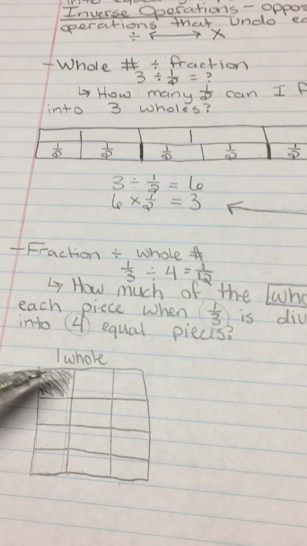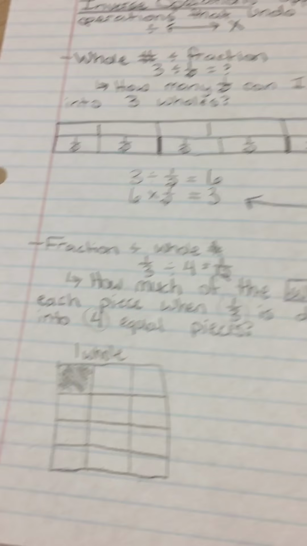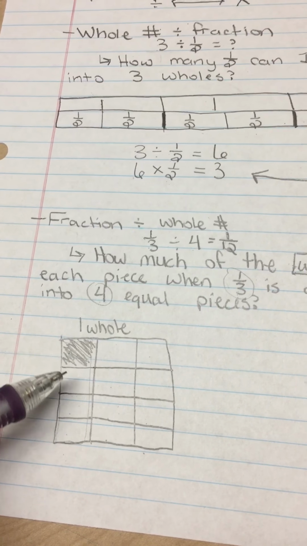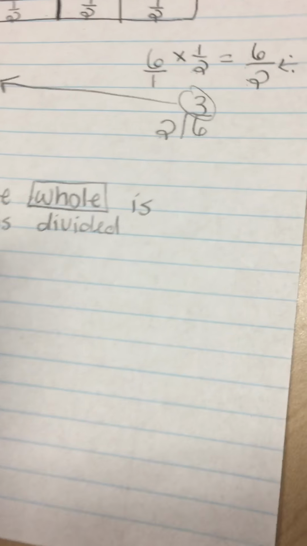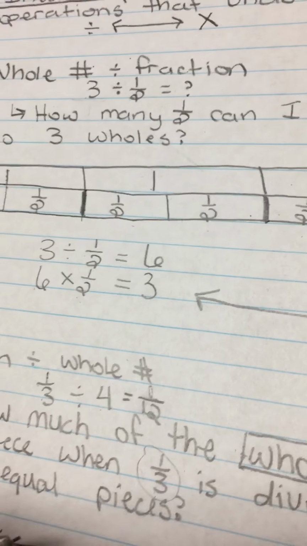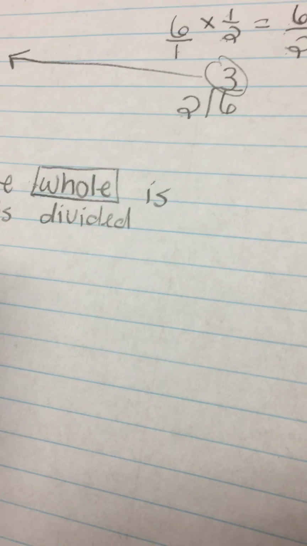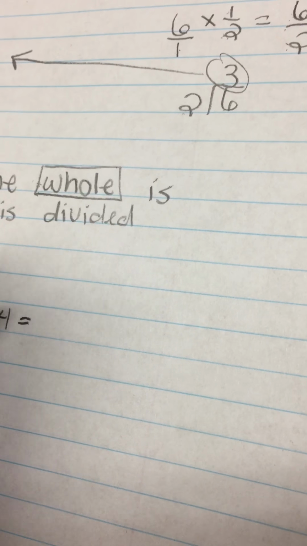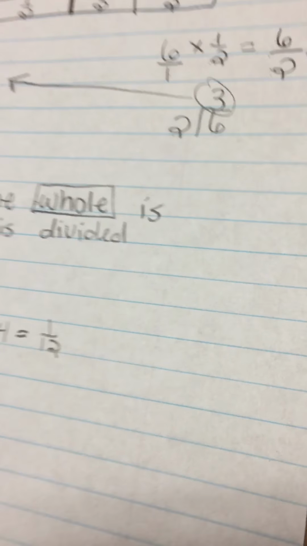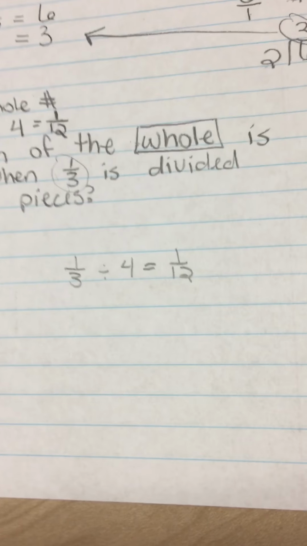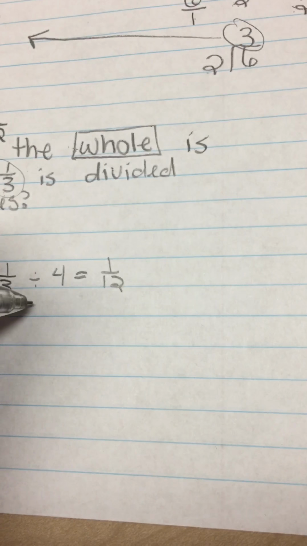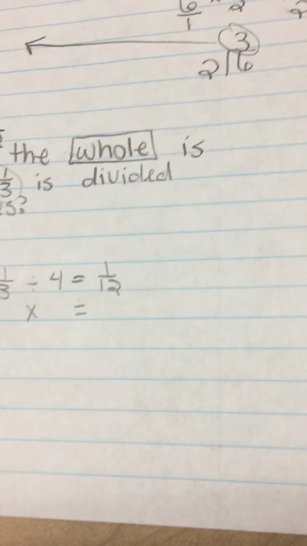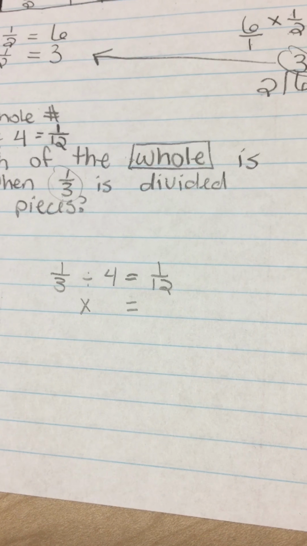Okay, so we have to pay attention to that one whole again. 1 out of 12. Now, if we do the same thing that we did up here with the fact family, I have 1/3 divided by 4 equals 1/12. I want you to go ahead and write down the multiplication, the fact family here, the same as we did before.